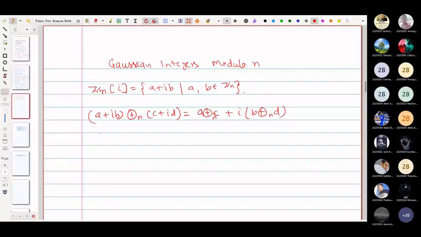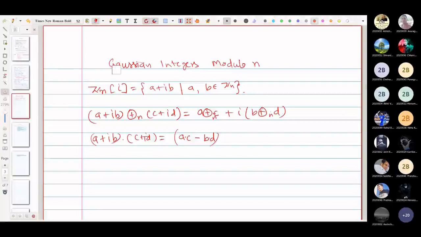Similarly, in a product, (a + ib) times (c + id) is going to be equal to ac − bd. So this product is going to be under modulo n.